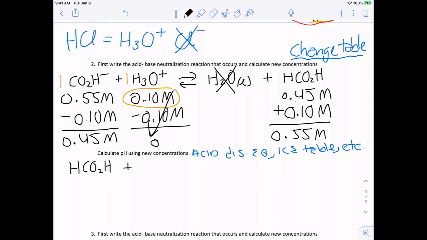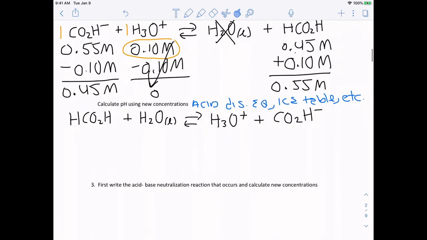It reacts with water, right? Remember, anytime we write our acid dissociation equilibrium equation, it's always the acid reacting with water. I'm going to hydronium ions plus my conjugate base, formate. Concentrations now are coming from my change table, right? We're using our new concentrations. So this is 0.55.